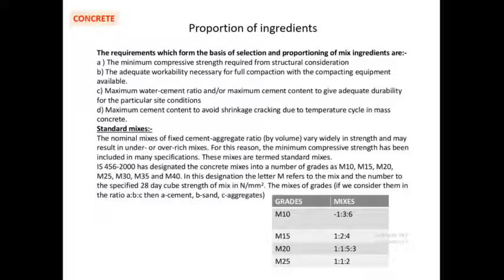Okay, so the nominal mixes of fixed cement aggregate ratio by volume vary widely in strength and may result in under or over rich mixes. Under rich मतलब जितना required है उससे कम, over rich is जितना required है उससे ज़्यादा. Okay, for this reason minimum compressive strength has been included in many specifications.